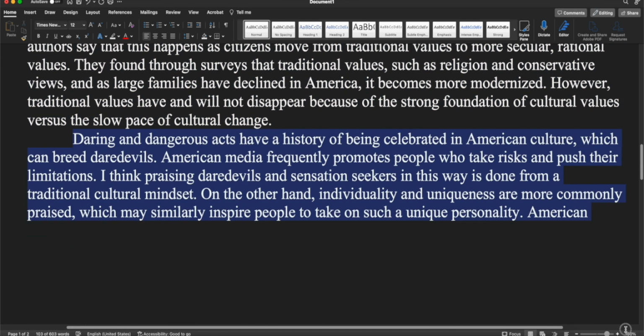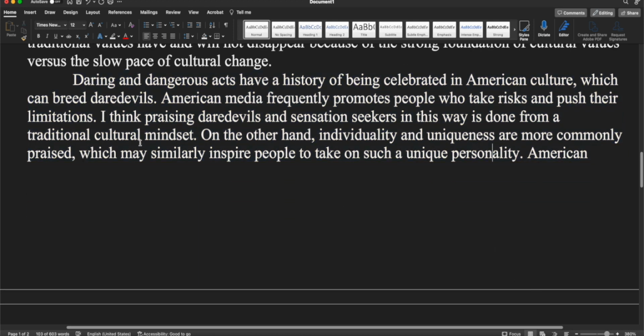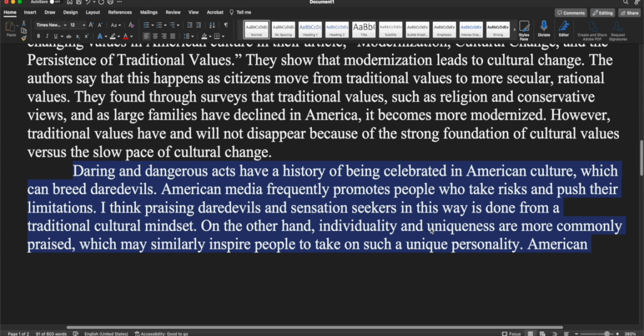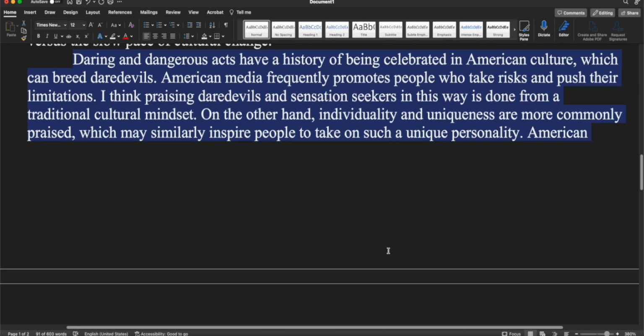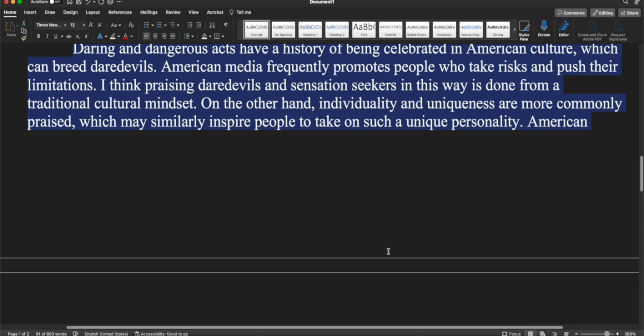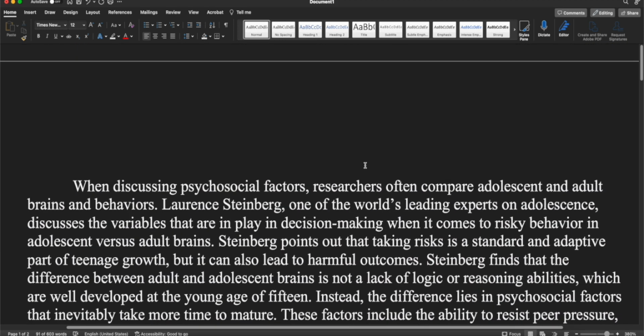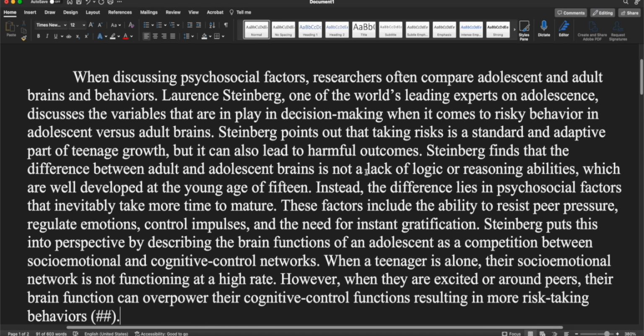And that daring and dangerous activity has been celebrated in the United States traditionally, and therefore that might also be a thing that encourages these sensation-seeking people to seek out risks, to go run with the bulls or something like that.